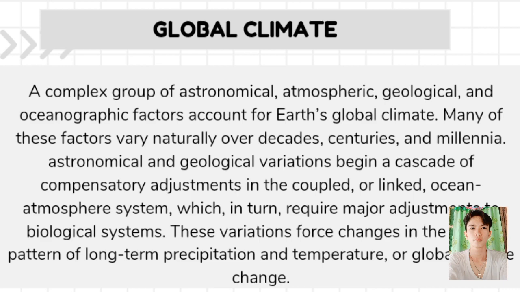Astronomical and geological variations begin a cascade of compensatory adjustments of coupled or linked ocean-atmosphere systems, which in turn require major adjustments in biological systems. So this variation forces changes in the global pattern of long-term precipitation and temperature, causing global climate change.